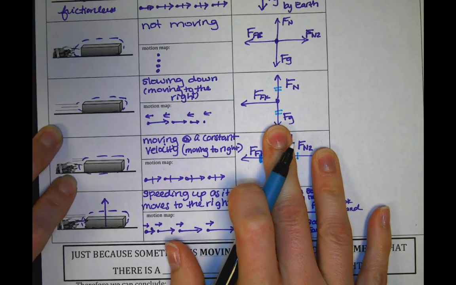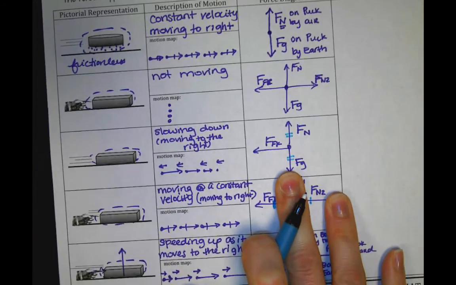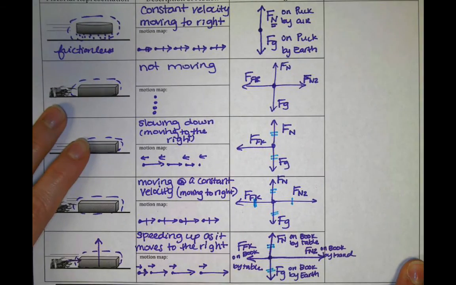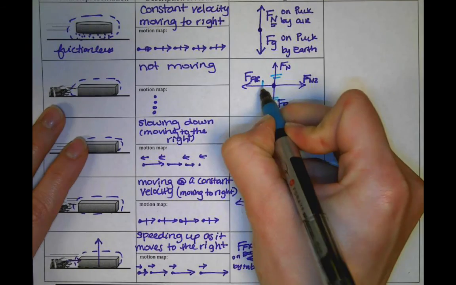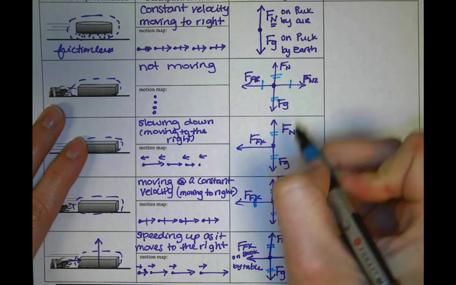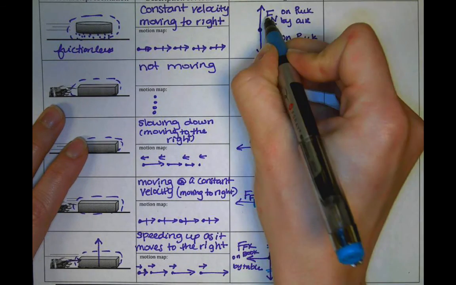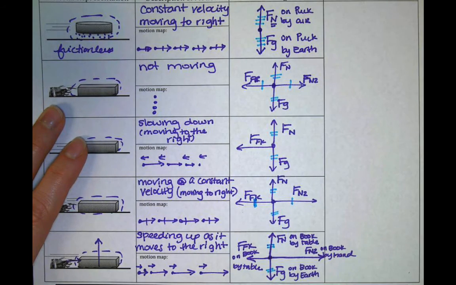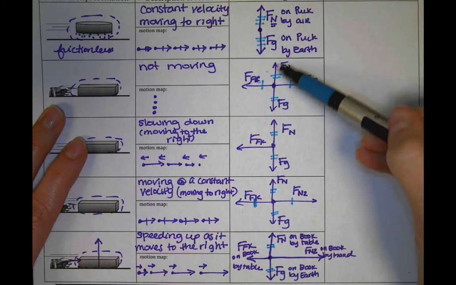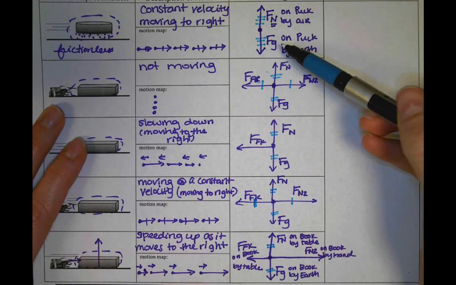FFK, we have nothing to compare it to. And then for this one, FN and FG are equal to each other. FFS and FN2 are equal to each other. And for the top one, the hockey puck, FN and FG are also equal to each other. I used 3 congruency marks just to make sure we weren't talking about the same mass of the book.